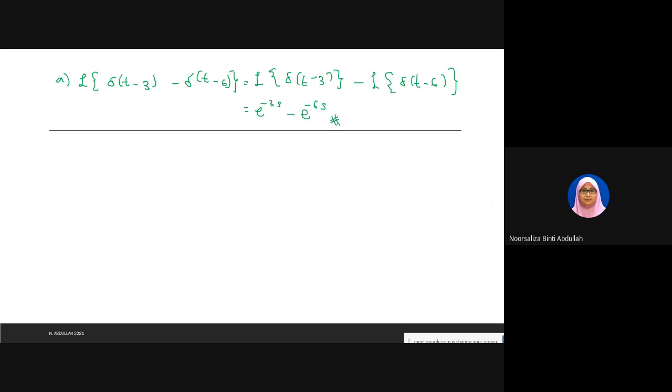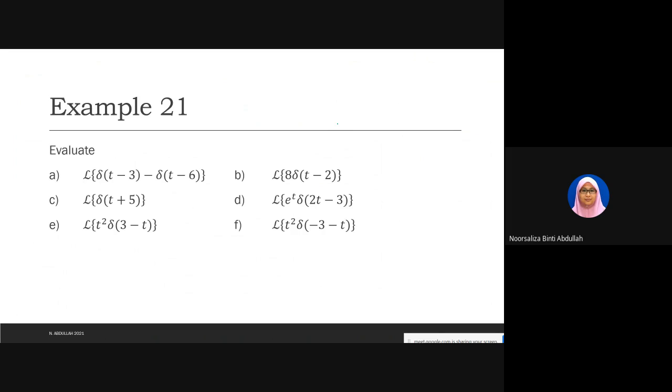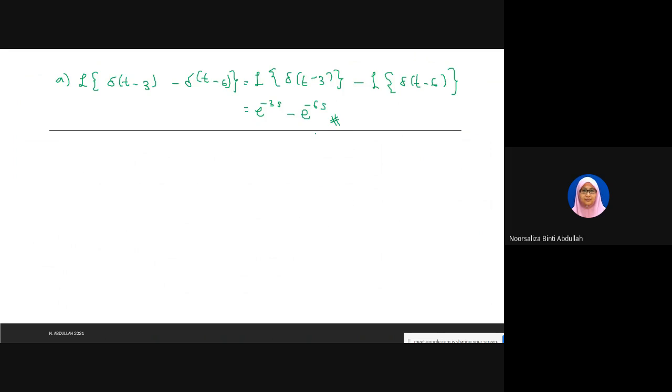Okay. Keep on. Okay, next is delta 8T tolak 2. B is Laplace plus 8 delta T tolak 2. This one, okay. So actually 8 dia boleh keluarkan sebab dia constant kan.